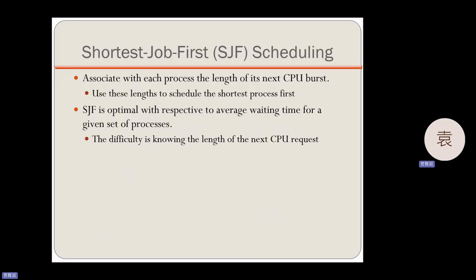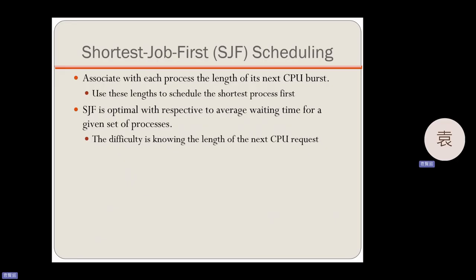In some sense, if the optimization criterion is the average waiting time, then shortest job first is considered optimal with respect to average waiting time for a given set of processes, if those processes all arrive at the same time.